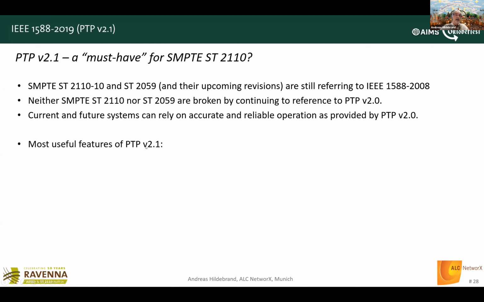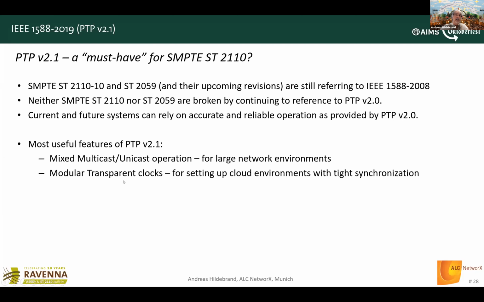Some of the most useful features, that's my personal selection here, which are offered in 2.1 with respect to 2110: mixed multicast unicast operation for large network environments because it scales very well. We may see a value in modular transparent clocks because we now can set up cloud environments with tight synchronization.